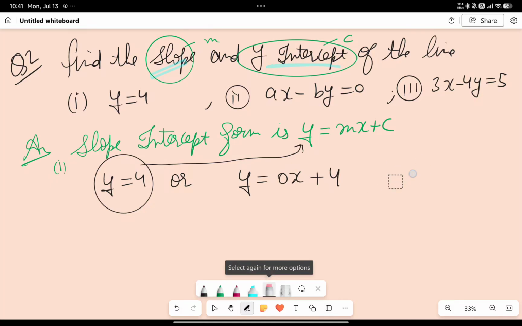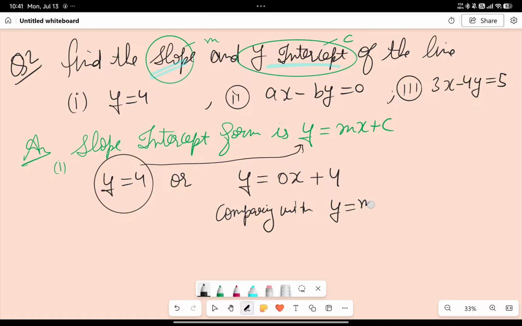Yeah, understood. Now see here, comparing with y equal to mx plus c, we get c as 4 and m as 0. You can see clearly m equal to 0 and c equal to 4.